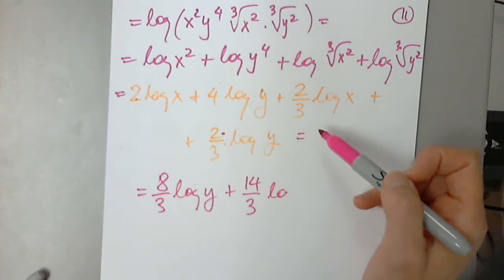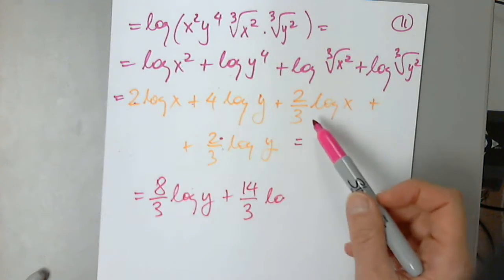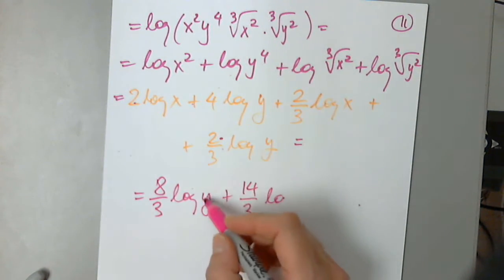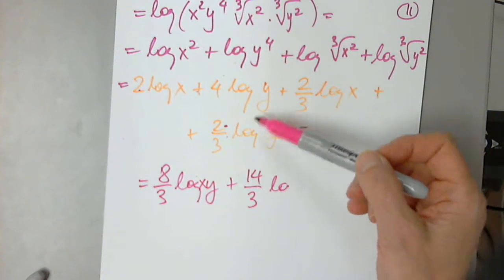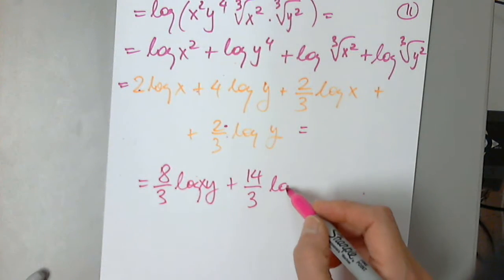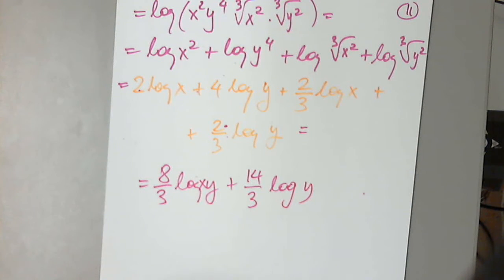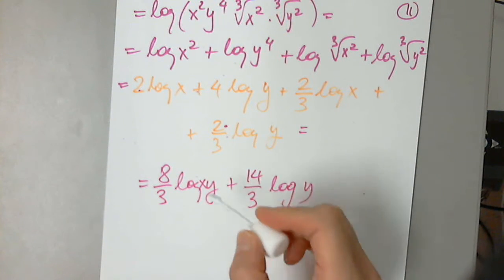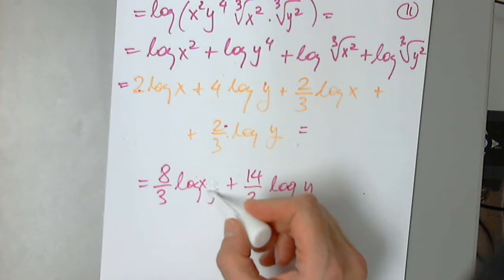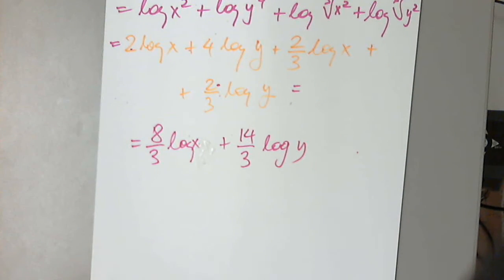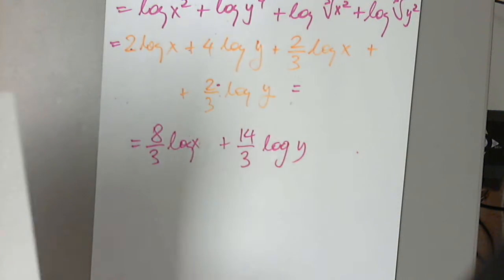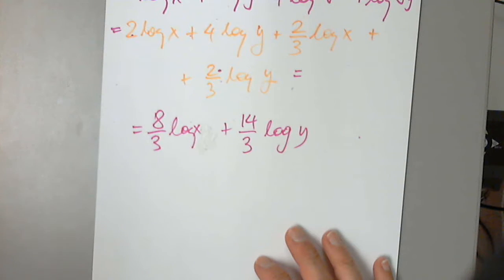Oh, sorry, it's x, the first one is x, and then plus 14/3 log y. So if you have the same base and everything, you could just add them together like that.